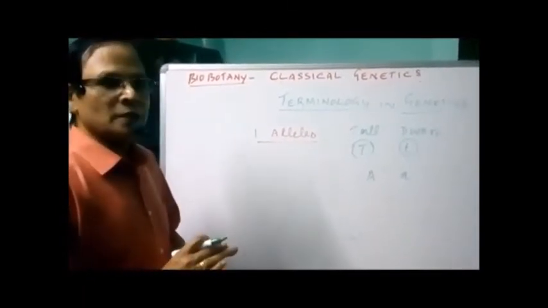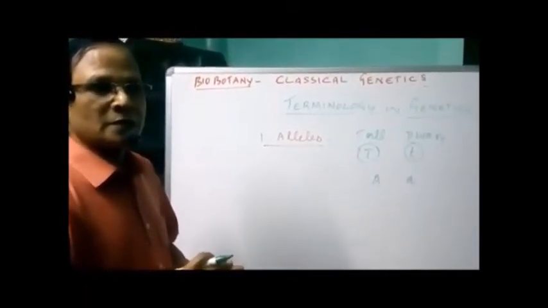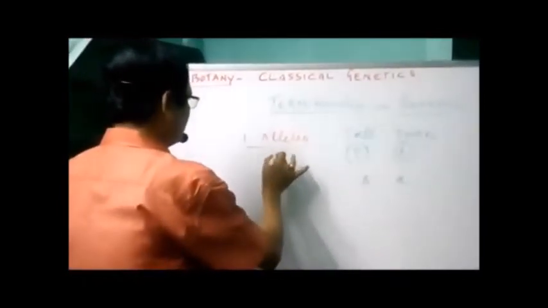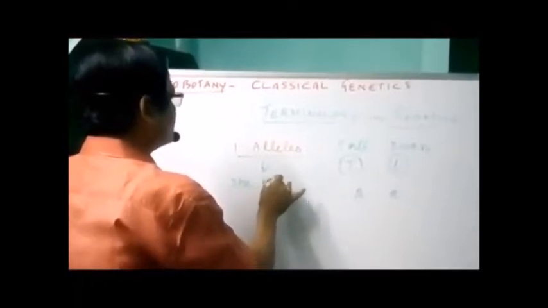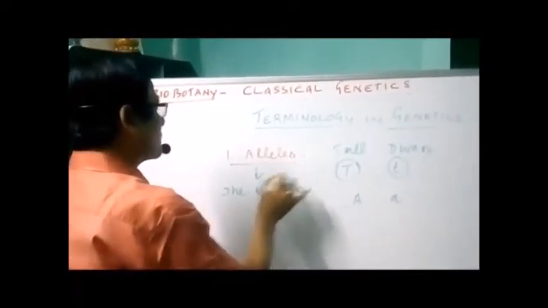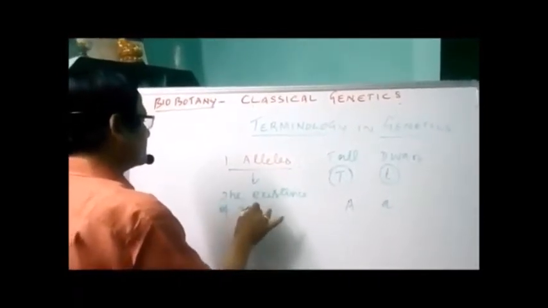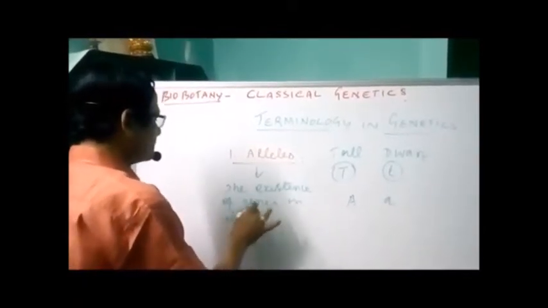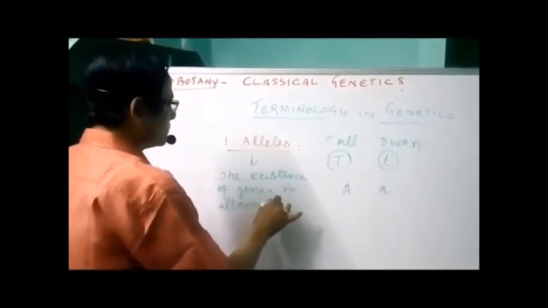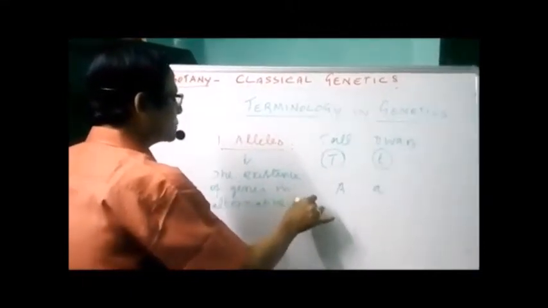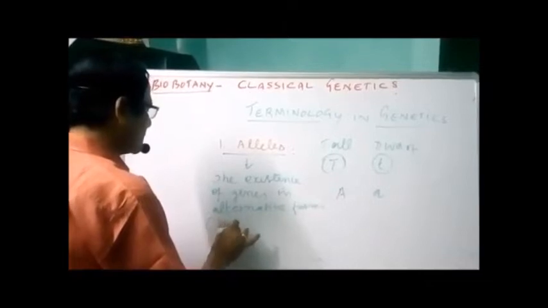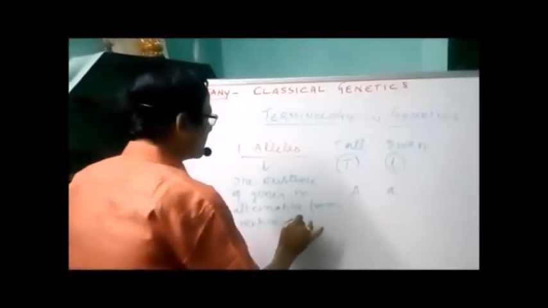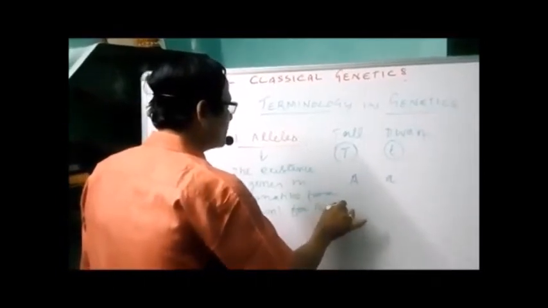In short, the existence of genes in alternative forms, different versions, for the same trait are called alleles.